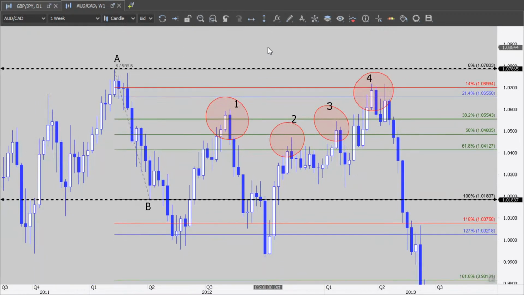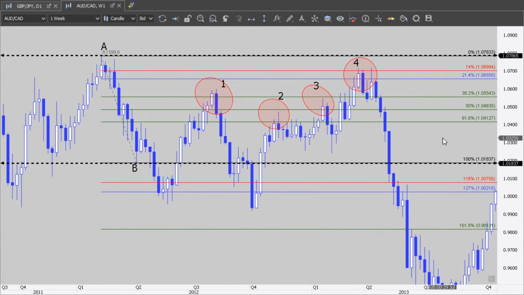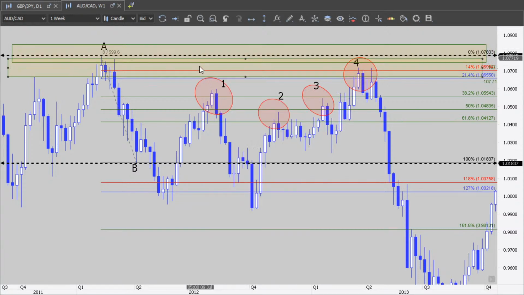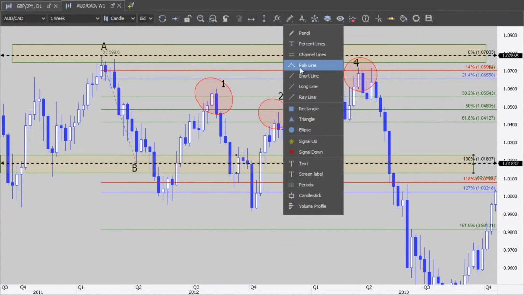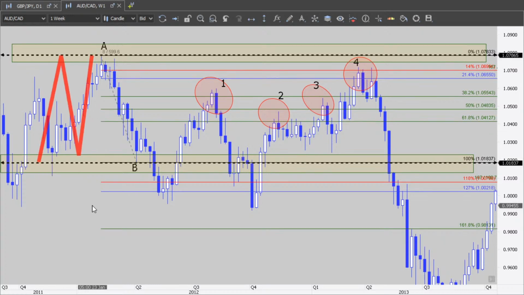So in a downswing, the C is the highest point, not necessarily a high, inside the AB boundary. And this is the boundary inside the AB, before the market hits the appropriate extension.